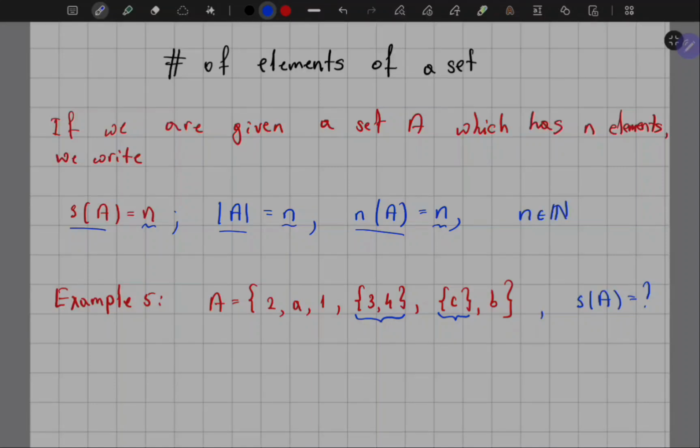The sets {3, 4} and {c} are sets themselves, but also they are elements of set A. So, this is the first element, second, third, fourth, fifth, and sixth element. So, the cardinality of A equals 6, or s(A) equals 6.